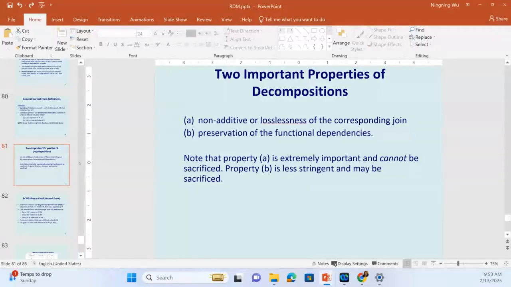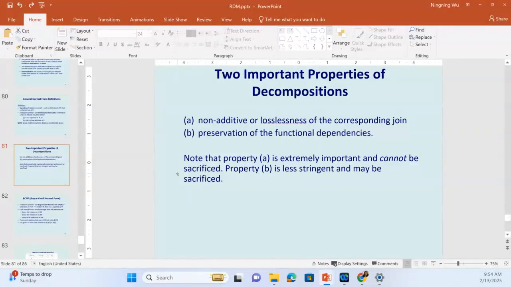Why? Because if the attributes in the functional dependency are spread out in two tables, then that's not considered a functional dependency. A functional dependency usually describes the relationship among attributes of the same relation schema. In other words, the determinant and dependent, those two sets of attributes, should be from the same relation schema.